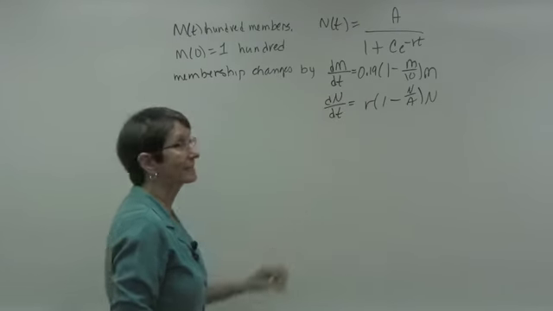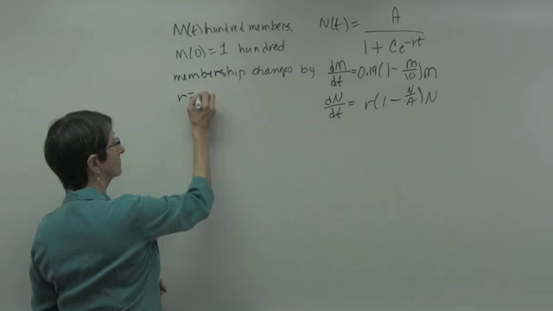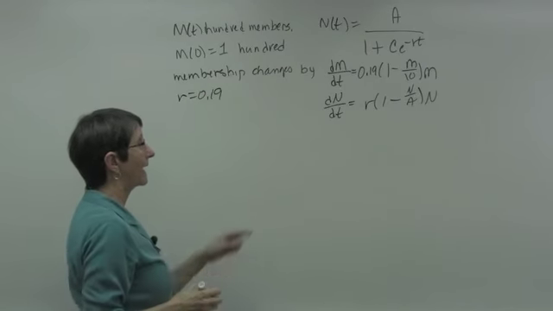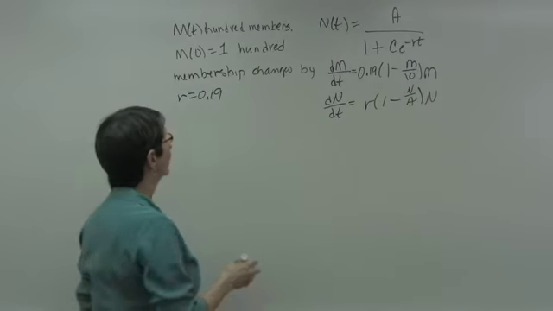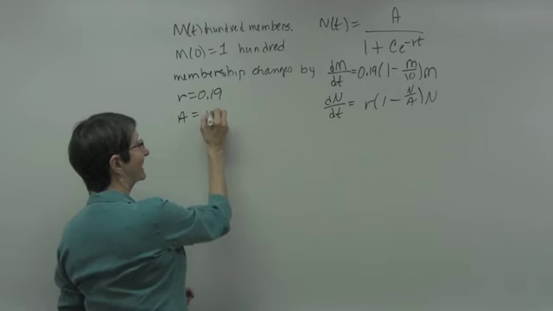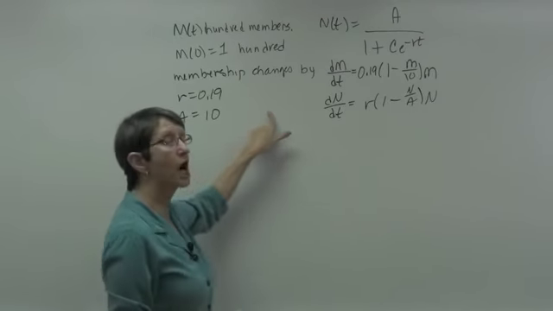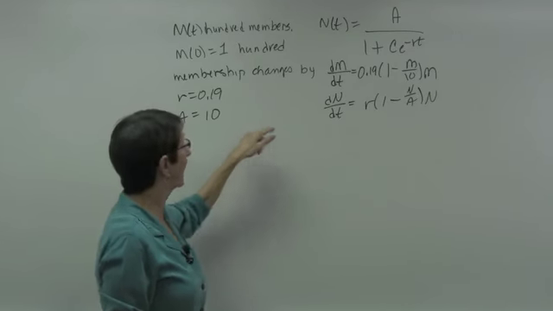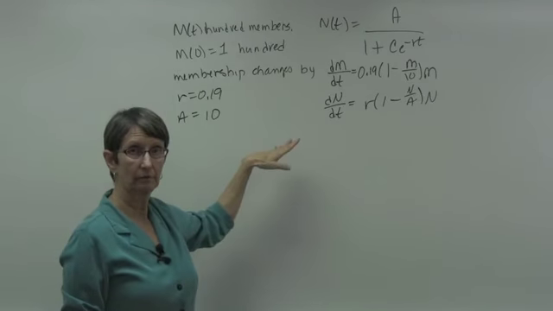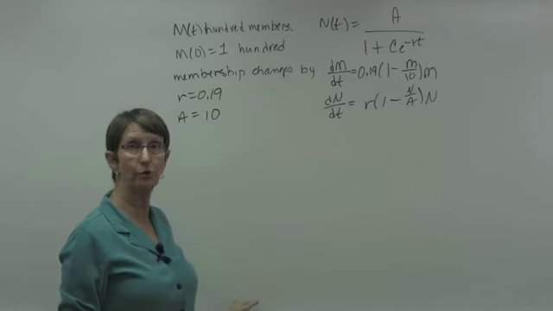So R is 0.19. A is 10. Now, since A is a membership, it's 1,000. So that would actually be 1,000 people.